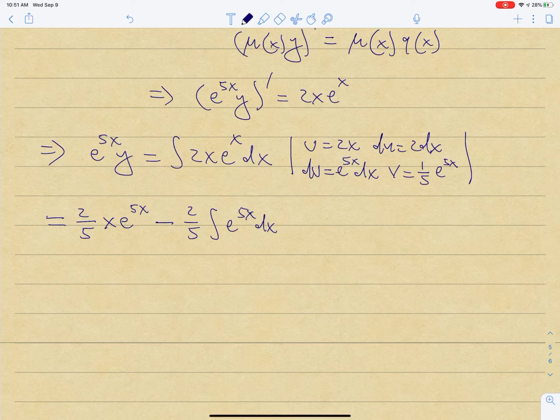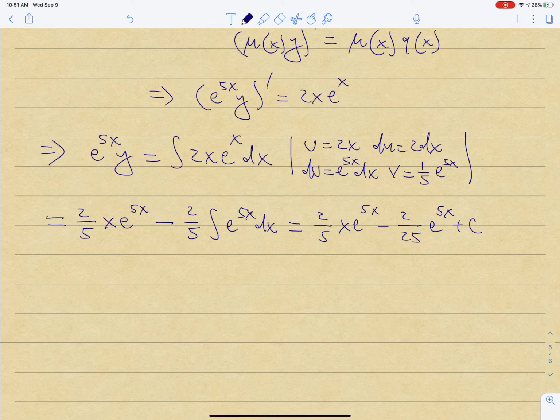Then the antiderivative of e to the 5x is 1/5 e to the 5x, so we get 2/5 x e to the 5x minus 2 over 5 squared, 2/25 e to the 5x, plus a constant.